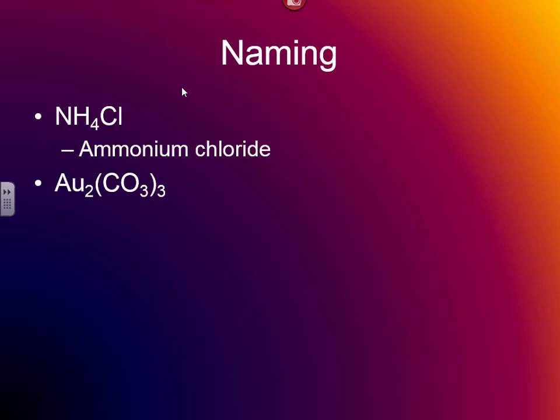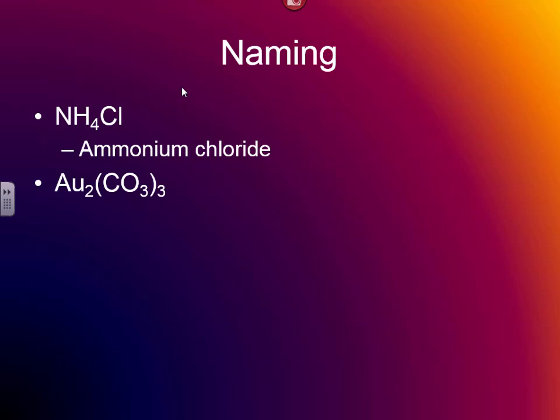Let's see if we can do this one. This kind of puts all of our rules together. What's AU? Gold. What's CO3? Carbonate.